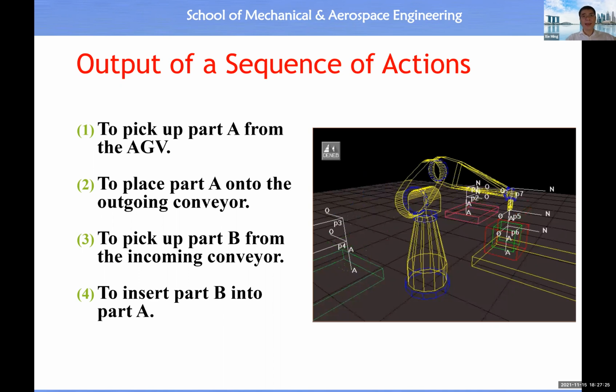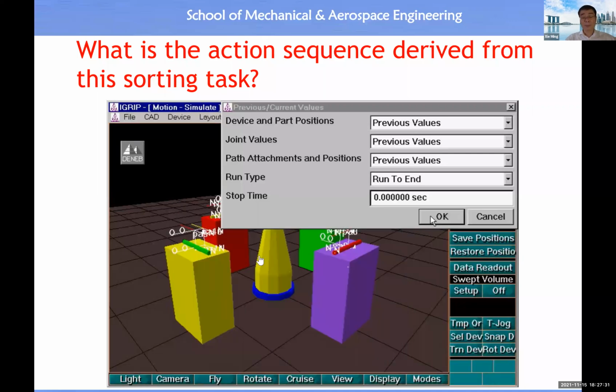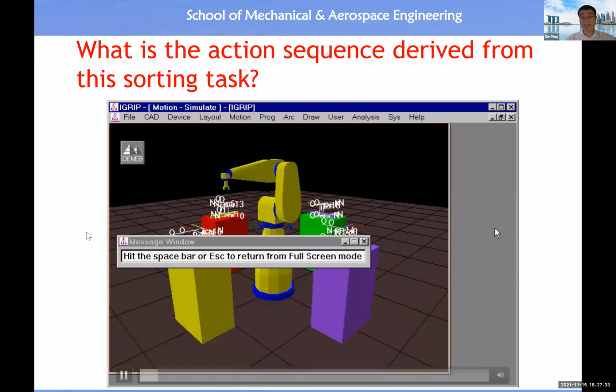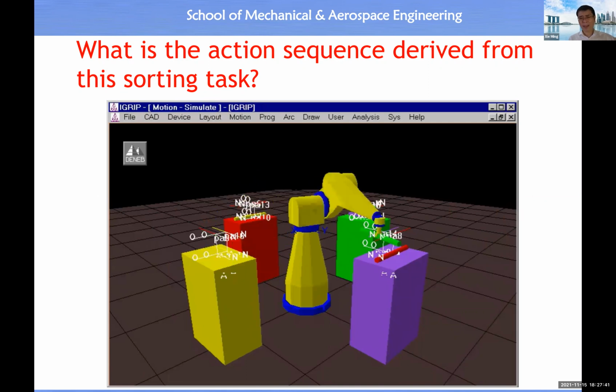All right, then how about the action sequence for the achievement of this task? This is a task of sorting. The task is to place the bar onto the table of the same color, because we have a bar of green color, red color, purple color.